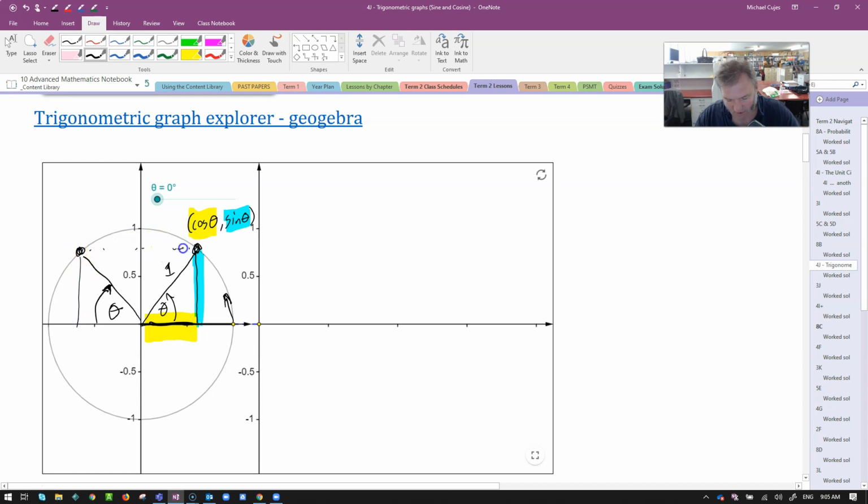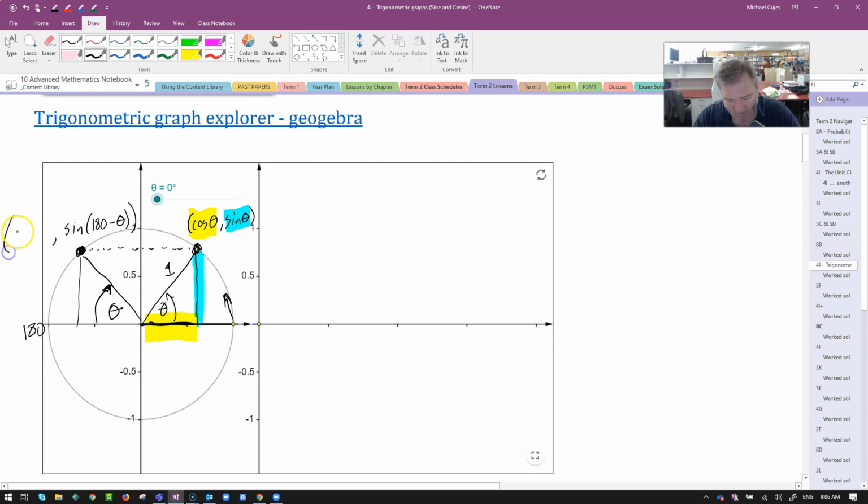Well, looking at the y coordinates of each of those points, they are at the same height. So the y coordinate of this point is going to be equal to sine theta, but the angle that I was actually working with was 180 minus theta. If I go round to 180 degrees, a straight angle, and come back theta, that's how I could get to that point. So the sine of 180 minus theta is exactly the same as the sine of theta.